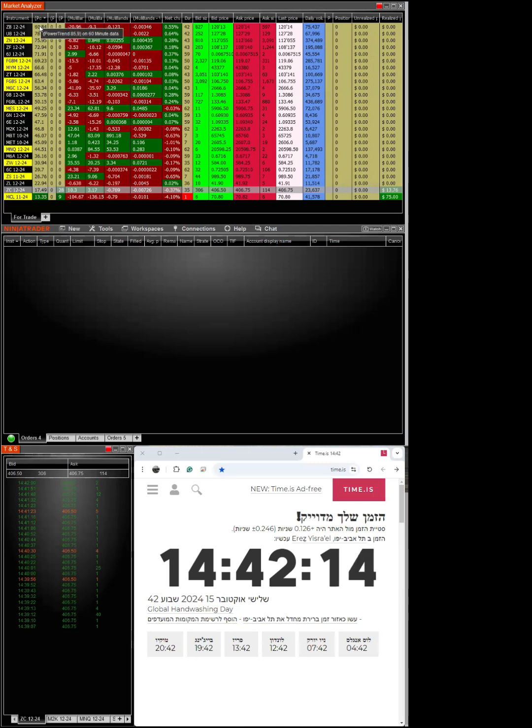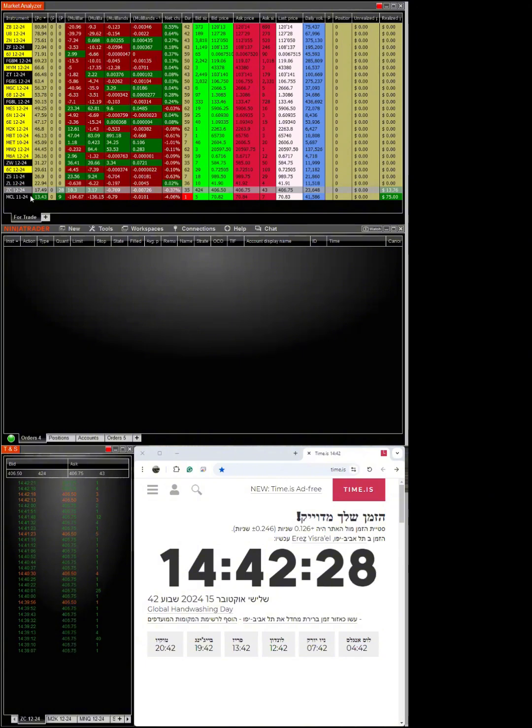They go from the higher power trend to the lower power trend. As long as the power trend is higher, it's in the first places, and if it's lower, it's at the last places. So I can scan the instruments.